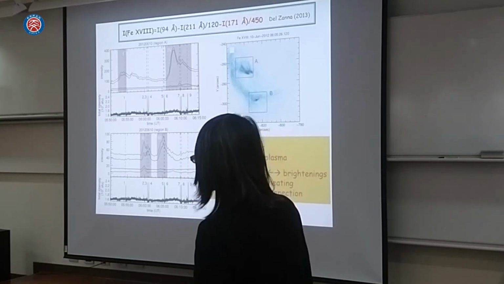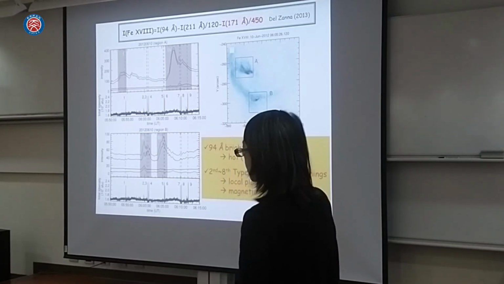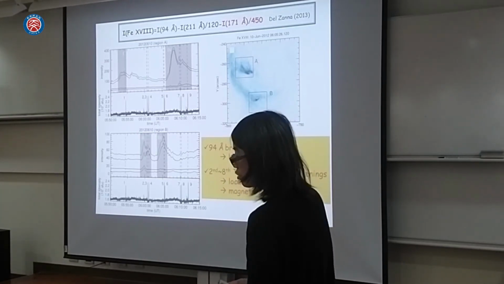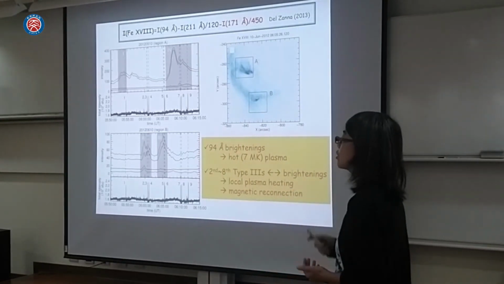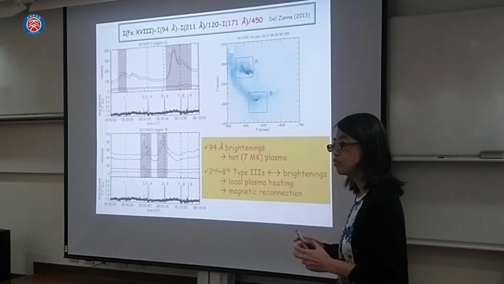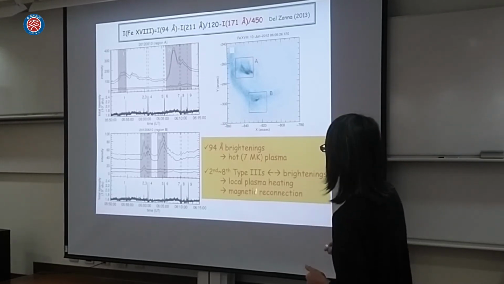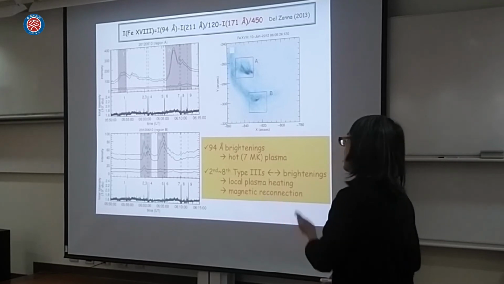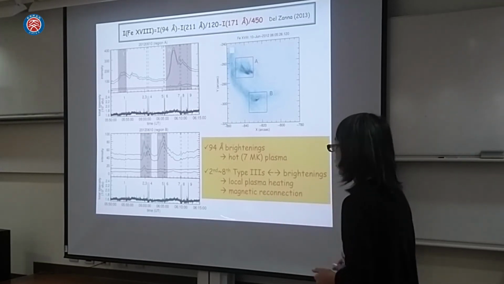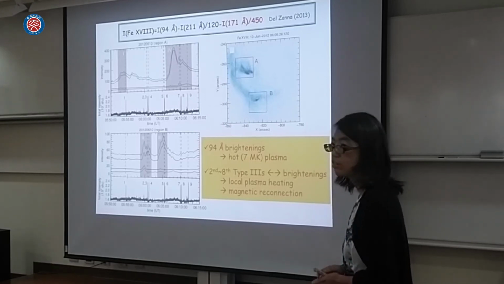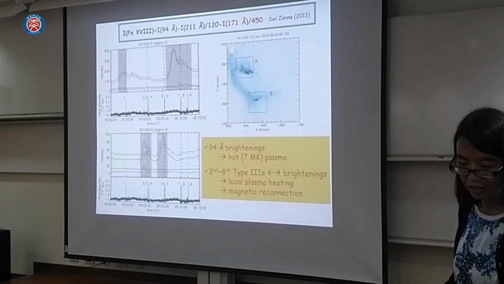So we suggest that the preferred tapestry should be due to the local plasma heating produced by the local magnetic condition. Okay, so that's one case.